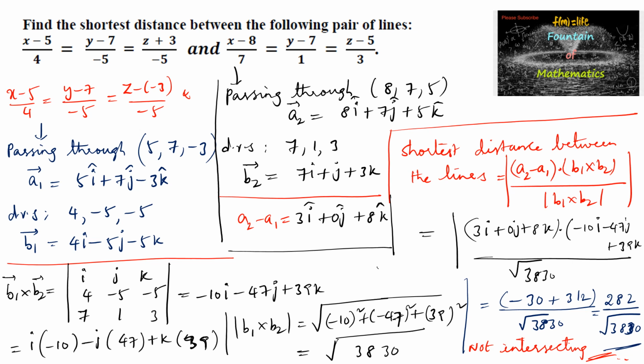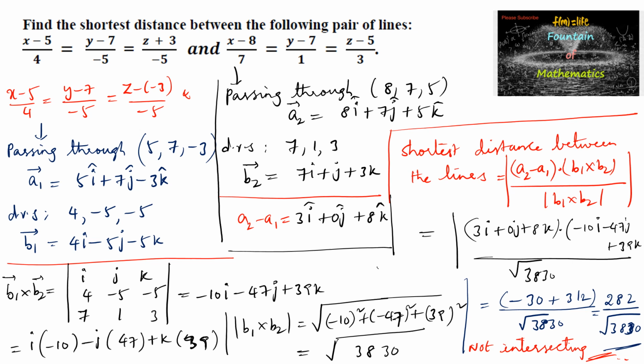Let us consider the vector passing through the point whose position vector a1 is equal to 5i plus 7j minus 3k, and this line having the direction ratios 4, minus 5 and minus 5. So let us consider the vector of these direction ratios as b1 equal to 4i minus 5j minus 5k.